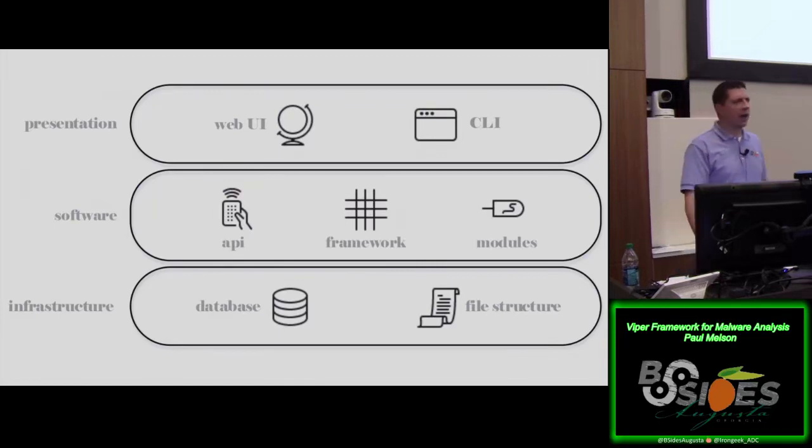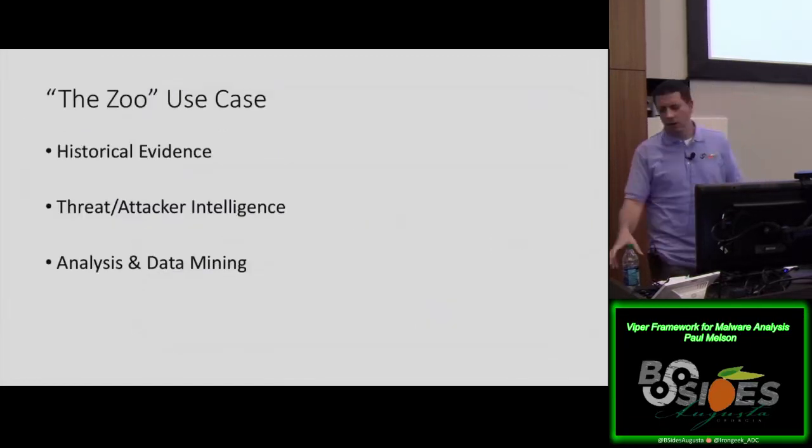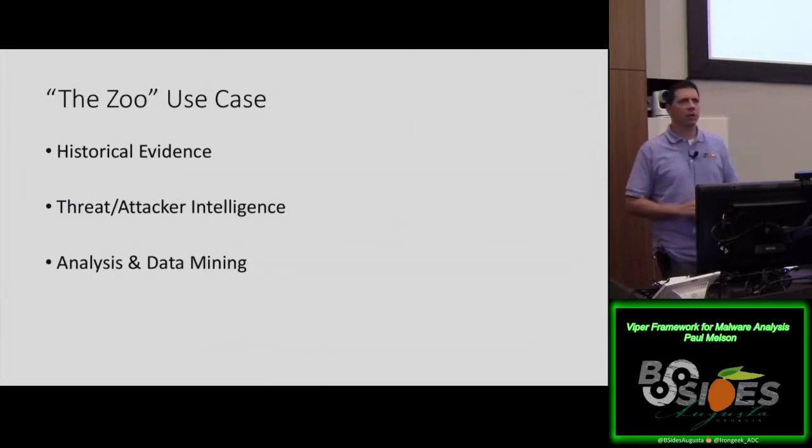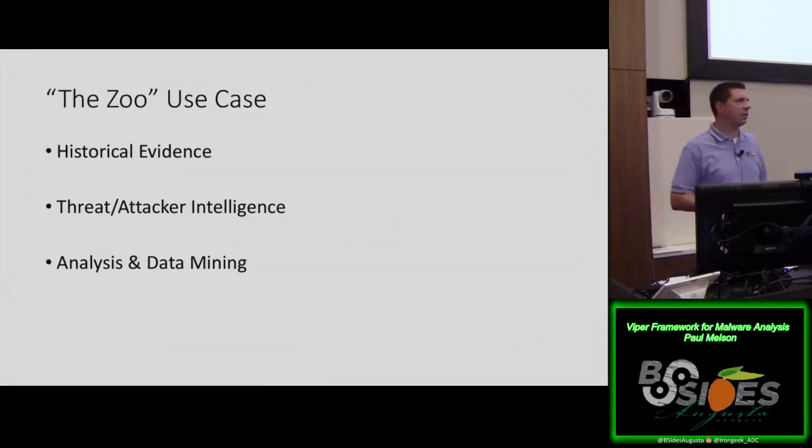So part of what was driving my desire to do a talk on Viper is what I'm calling the zoo use case. Because I don't want to come up here and say that Viper is the best static analysis tool in the field. In fact, it's probably not. You probably wouldn't use it as your primary go-to, and certainly not your only go-to for malware analysis if what you were doing was single file, single incident triage and analysis of one file.